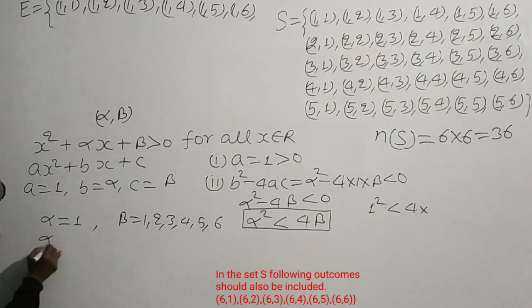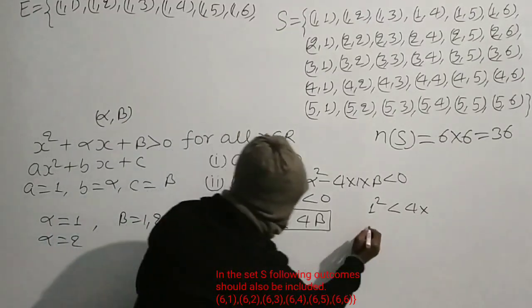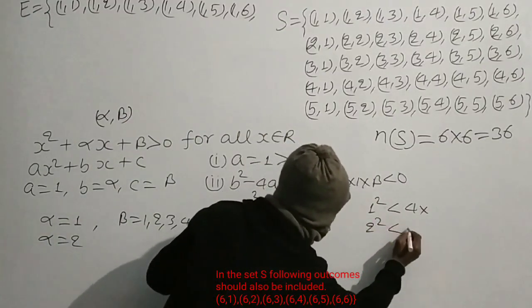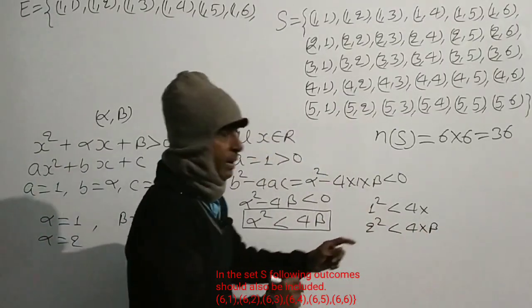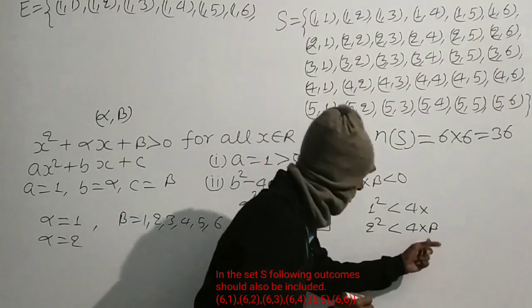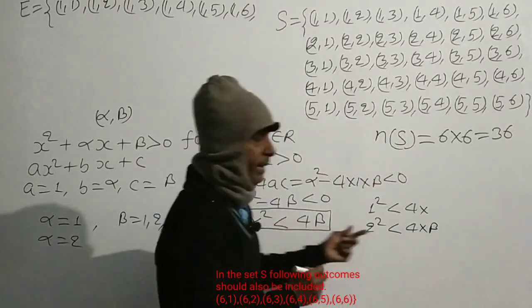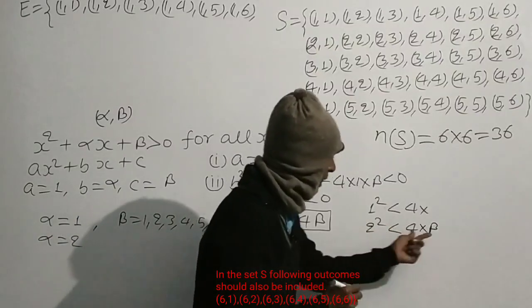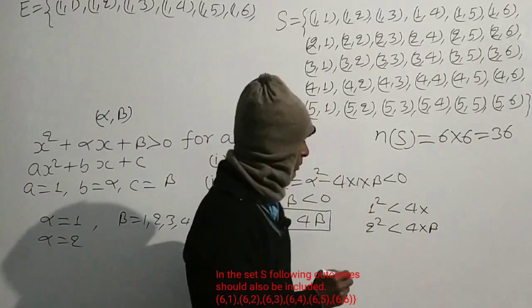When alpha is equal to 2, when we take the value of alpha as 2, then 2 square should be less than 4 times beta. What number in place of beta can we put here so that this condition is satisfied?